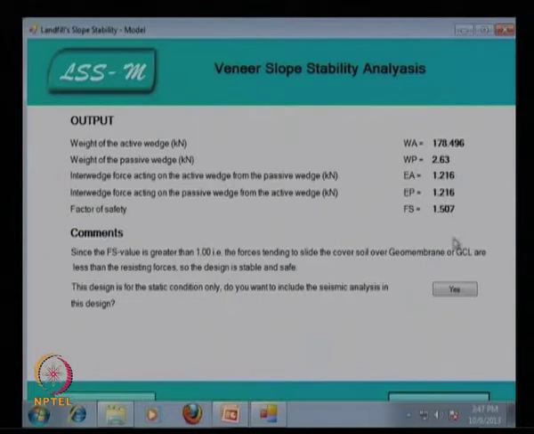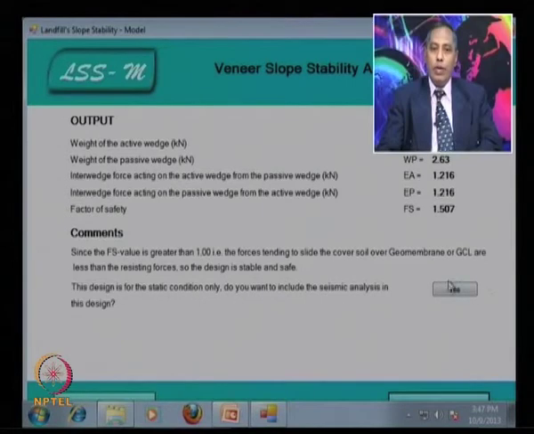This factor of safety comes to 1.507. So, since this factor of safety is greater than 1, the force tending to slide the cover soil over the geomembrane or geosynthetic clay liner is lesser than the resisting force. So, the design is stable and safe. Now, this design is for static condition only, but you can also calculate it for the seismic condition.